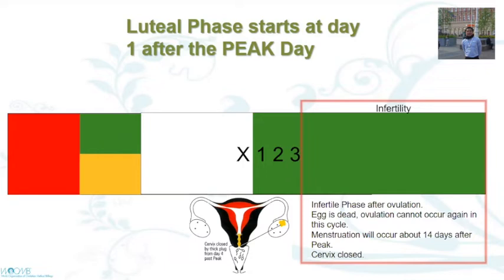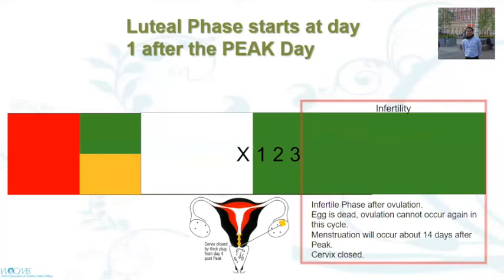So on the 4th day, look at our PowerPoint, infertile phase after ovulation. That is the beginning. And on the 4th day, the egg is absolutely dead. Ovulation cannot occur again, so there is no possibility of another ovulation after the peak day and days 1, 2, 3. Menstruation will take place 11 to 16 days after the peak day.